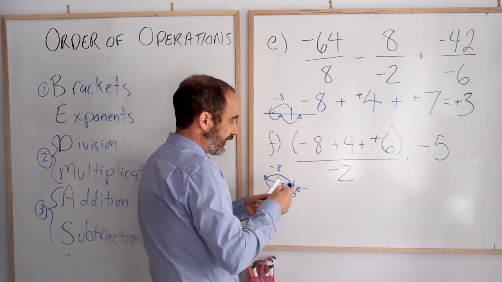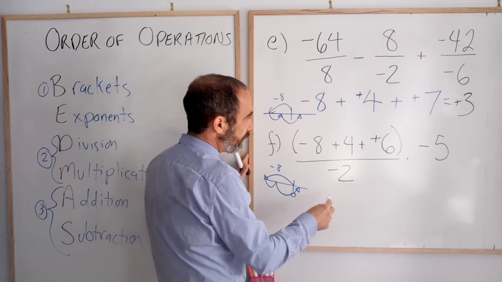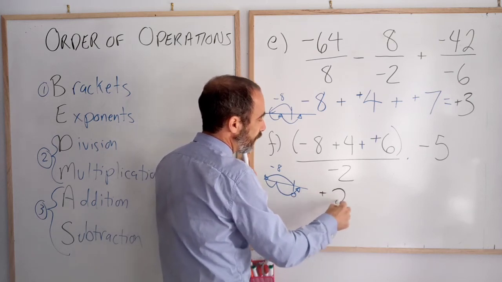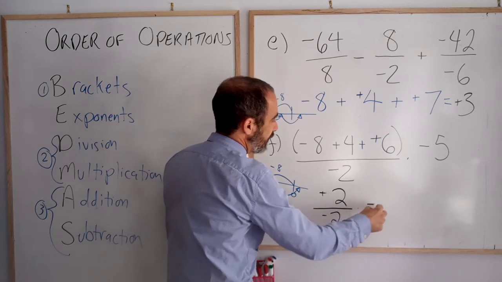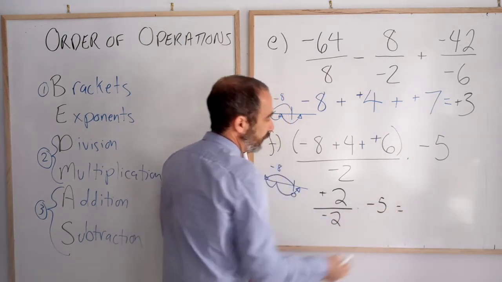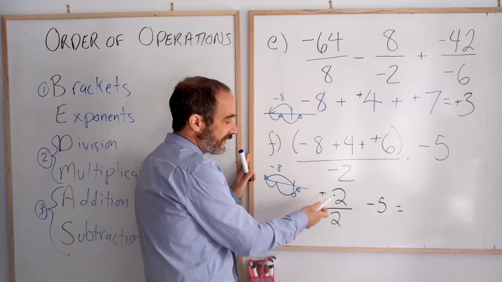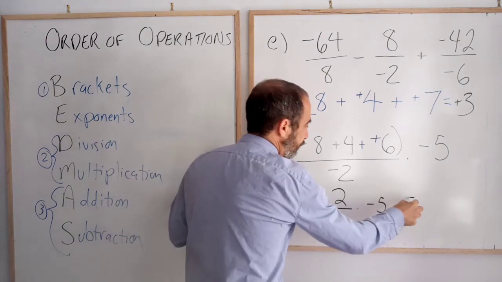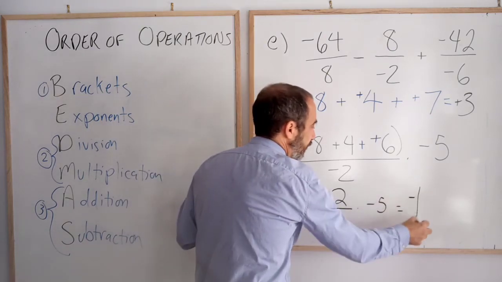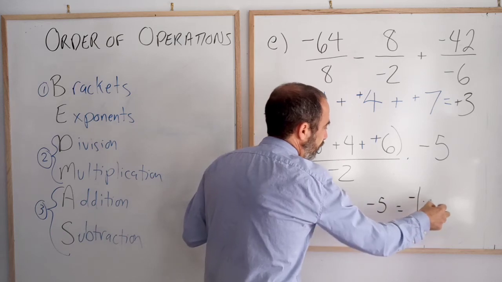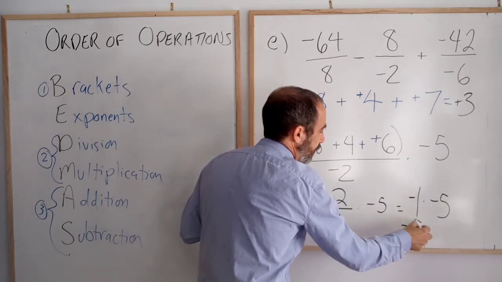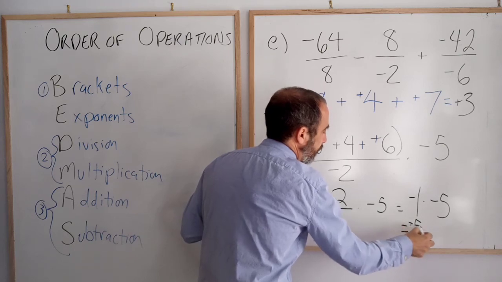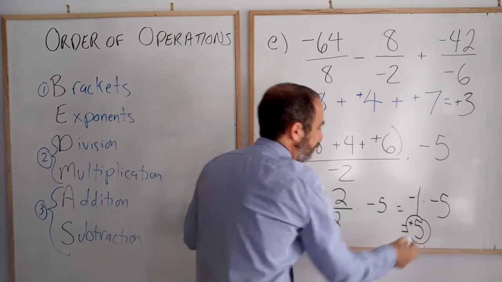So that ended up bringing us to positive 2. Right? A positive 2 divided by negative 2 times negative 5. A positive divided by a negative is a negative. 2 divided by 2 is 1. So negative 1 times negative 5 ends up being positive 5. So that is our final answer there.